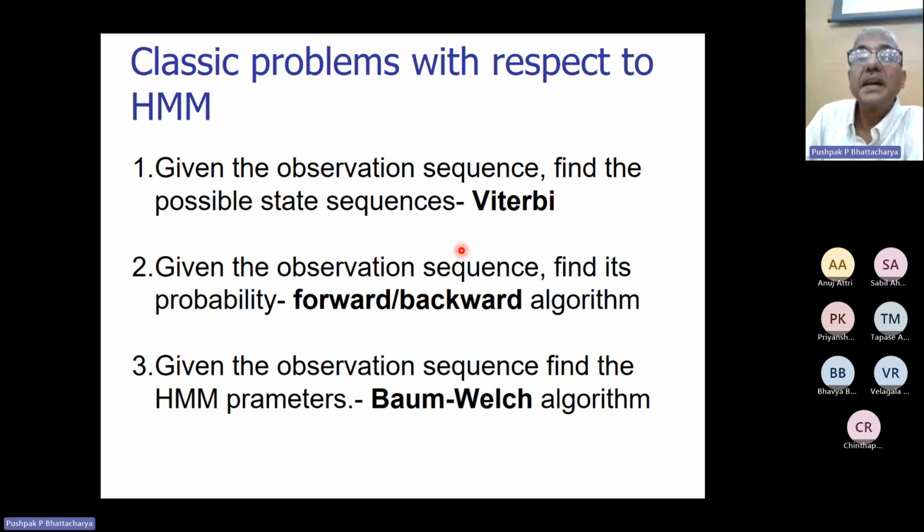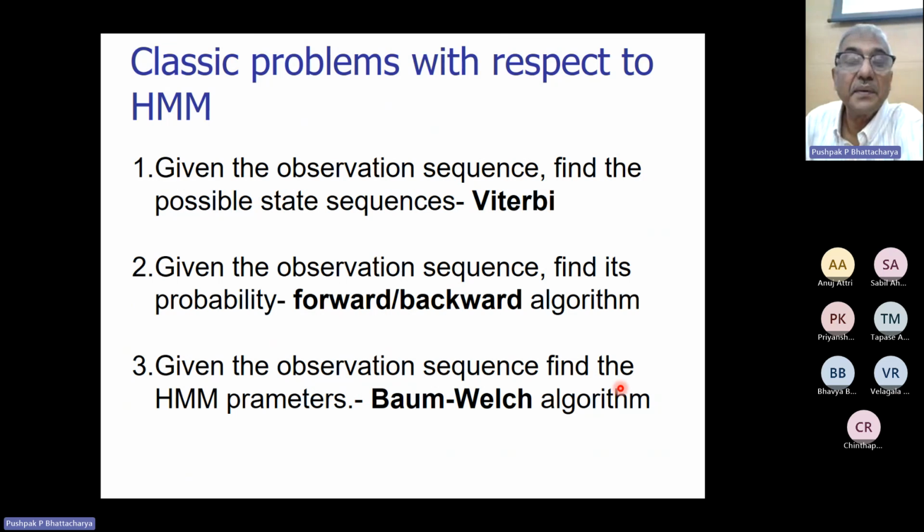There are three classic problems with respect to hidden Markov model. Given the observation sequence, find the possible state sequence, and the algorithm used is called the Viterbi algorithm, a very famous algorithm. Given the observation sequence, find its probability. This is the forward-backward algorithm.